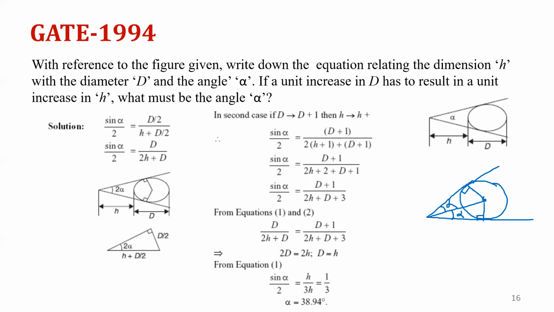So what is sine alpha by 2? Sine alpha by 2 equals, what is this one? This is diameter by 2. And what is this length? Either this length or this length.